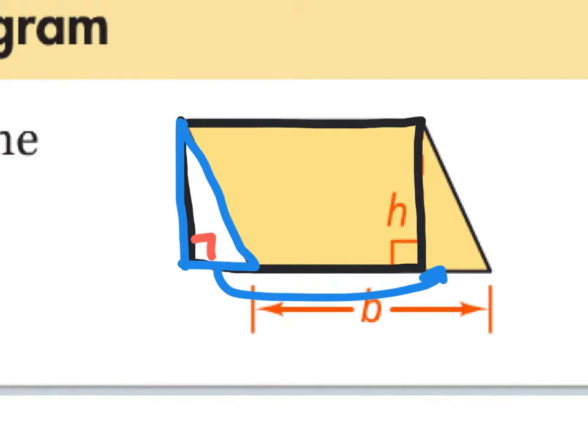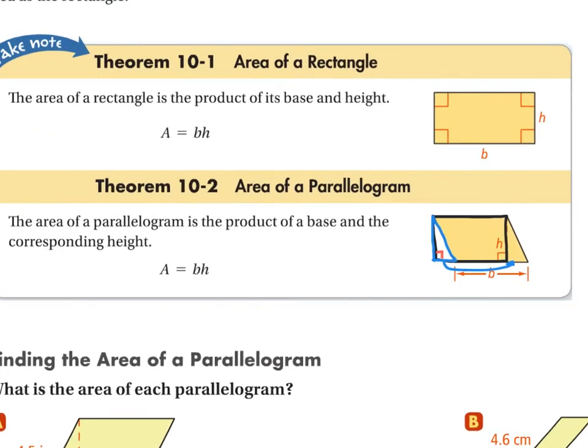That's how we're making our parallelograms. All parallelograms can be basically turned back into a rectangle that has the same base and the same height. Key thing you need to remember about a parallelogram is that the height, again, always has to be perpendicular. And so the height is always going to be that perpendicular distance between one set of bases, one set of parallel lines.